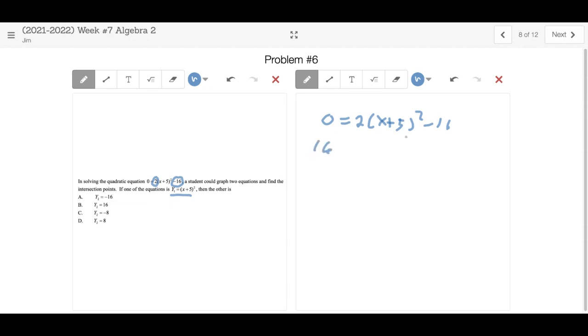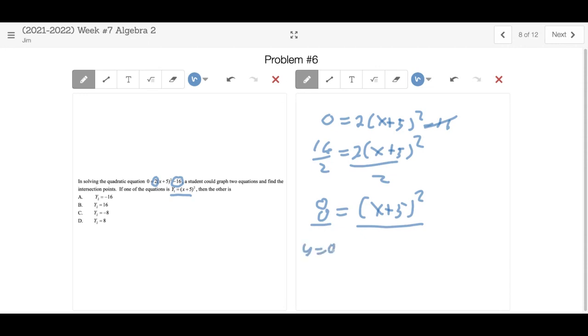So I'm going to add 16 to both sides. So that's gone. So now I have 16 is equal to 2 times (x plus 5) squared. I'm going to divide through by 2. So now I have 8 is equal to (x plus 5) squared. So if this is one of my equations, this is my second equation. So y is equal to 8, and y is equal to (x plus 5) squared. If I graphed both of these, I would find the intersection point.